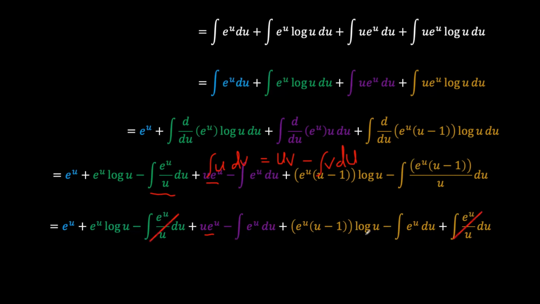So these two cancel out. There's a negative and there's a positive here, and so we are left with simple integrals. So we have this minus the integral of e to the power u, purple, minus the integral of e to the power u, yellow, and then we already have e to the power u here.